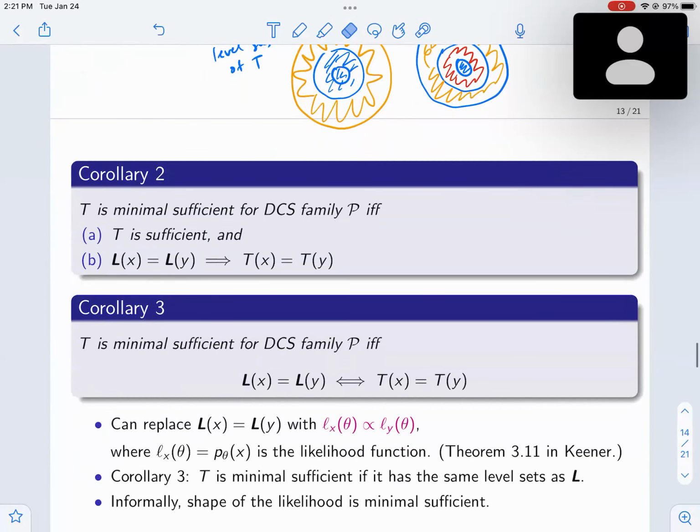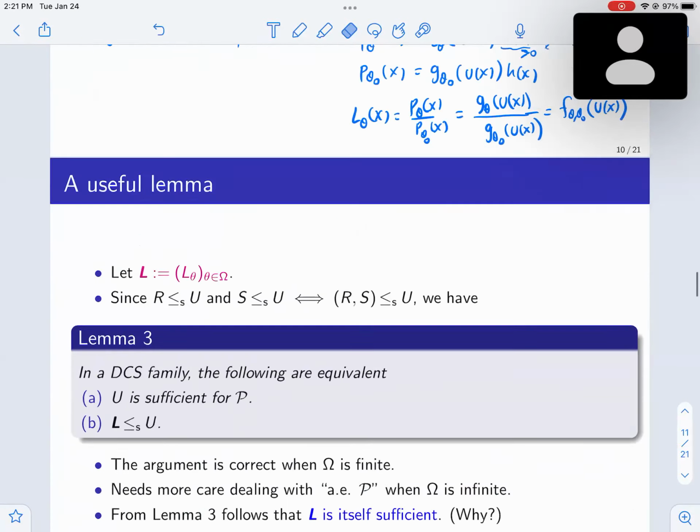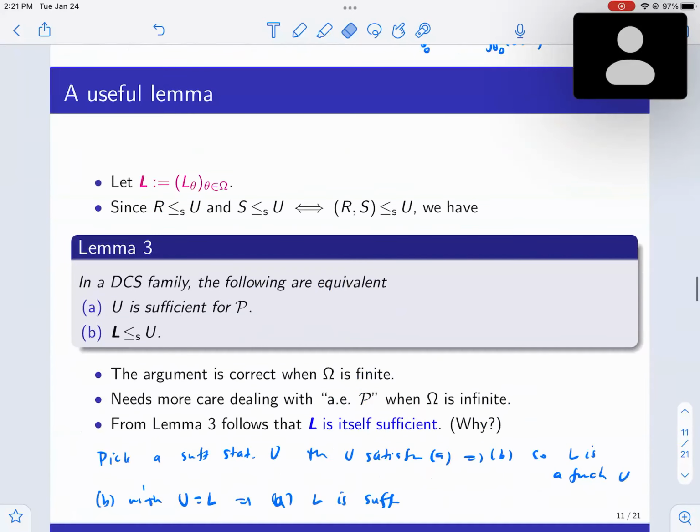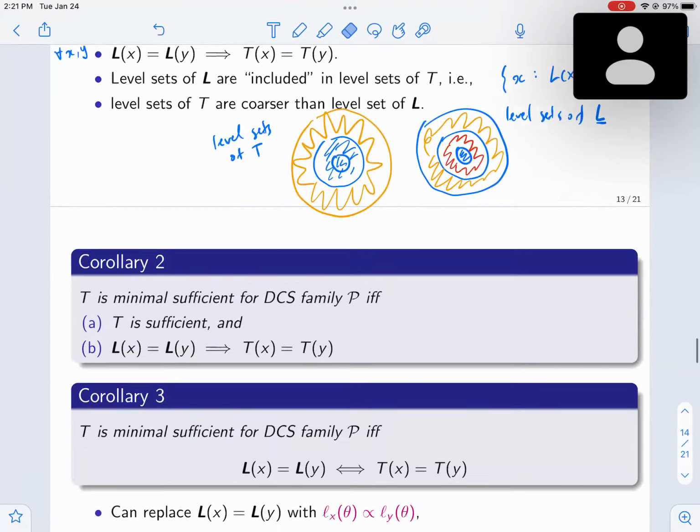If you want to go further, I can actually replace this with the other direction. So I can just remove that part. And if this holds, I'll let you think about it. So being sufficient, from the very first memo that you showed, is equivalent to L being a function of T. So have L a function of T and T a function of L, so they have to be basically a bijection of each other.